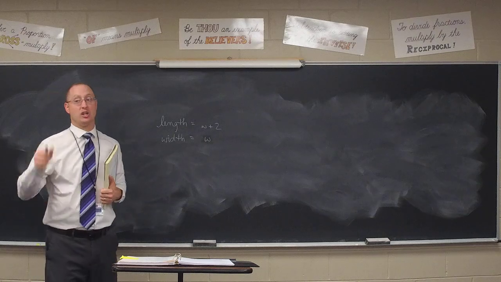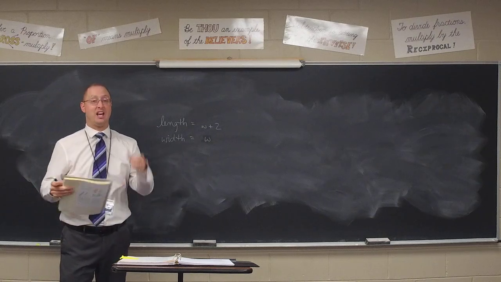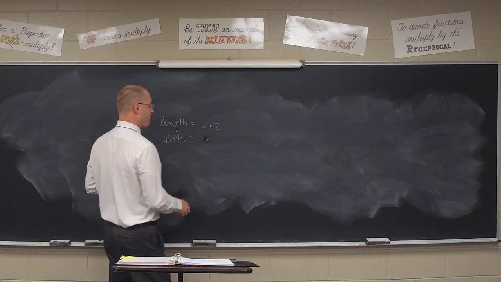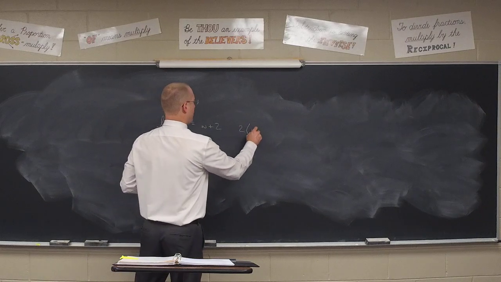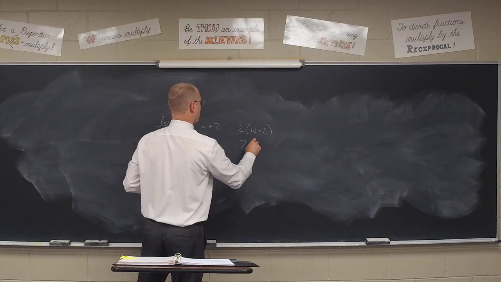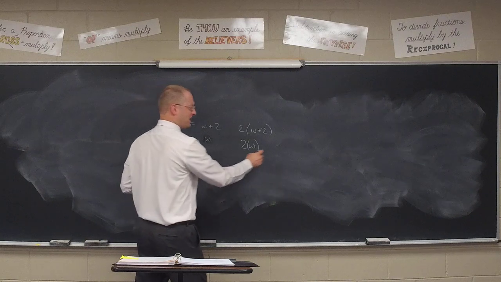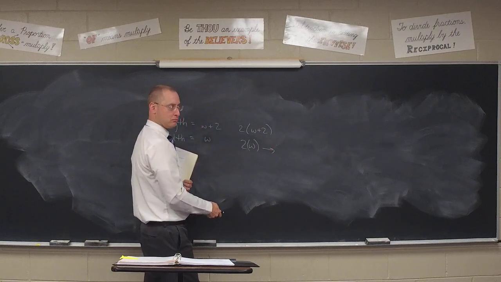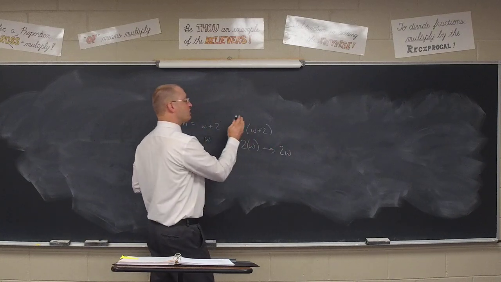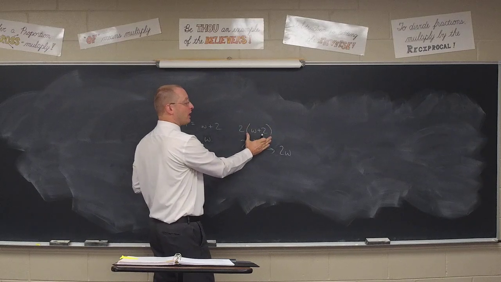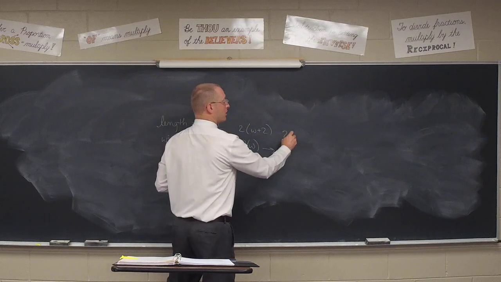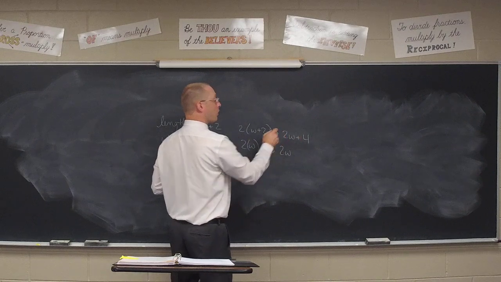Perimeter, class, has 2 lengths and 2 widths. Well, class, what is 2 times W? 2W. And what is 2 times W plus 2? 2W plus 4, right?